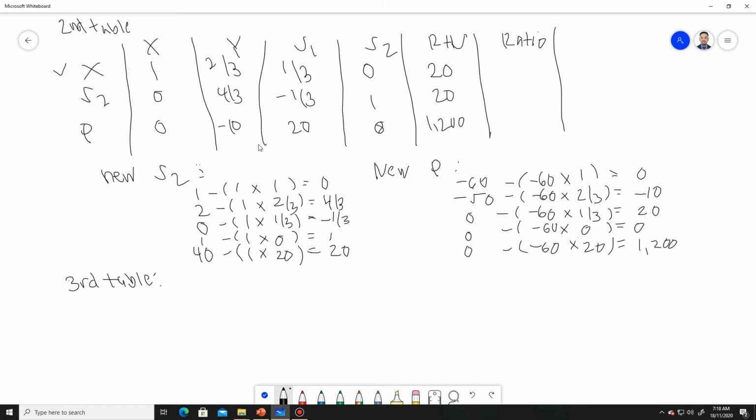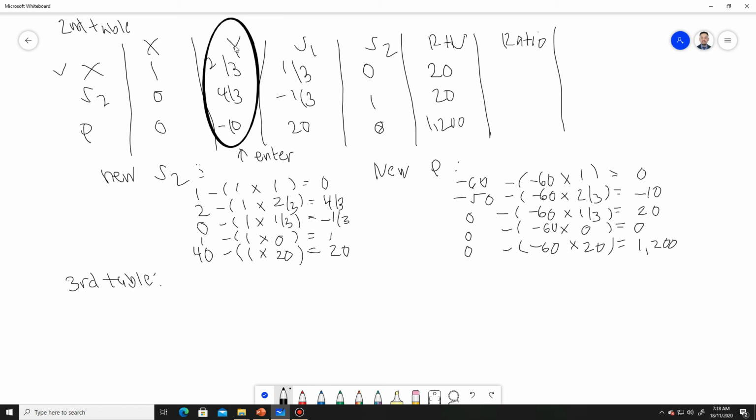Again, hanapin natin yung pinakamababang value sa P row. So, ang pinakamababa nating value is negative 10. So, sa Y siya. Yung Y yung ating entering variable.